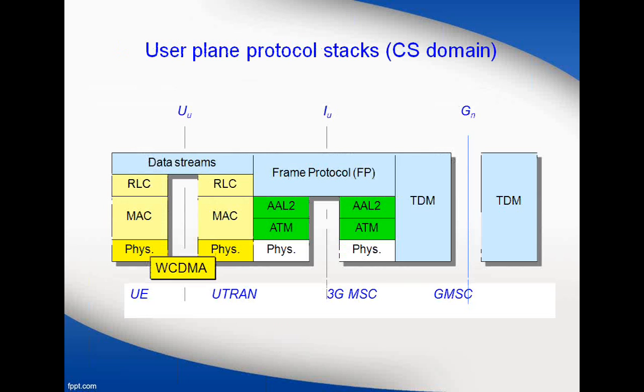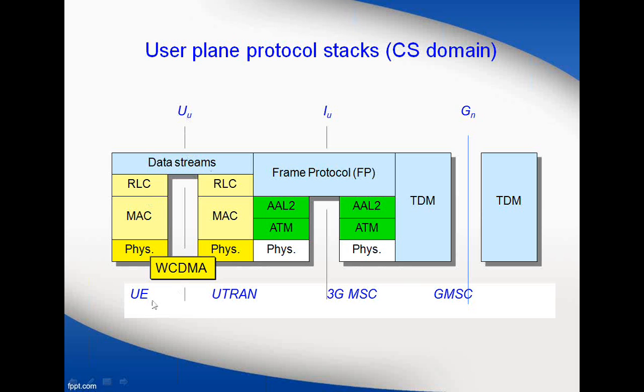So here you have the user plane protocol stacks. For a normal CS domain, you are able to see a UE and Node B, which forms your UMTS network. Here you have your WCDMA, and as usual we have the physical layer connectivity, the MAC, and the RLC, and the interface is going to be Uu.